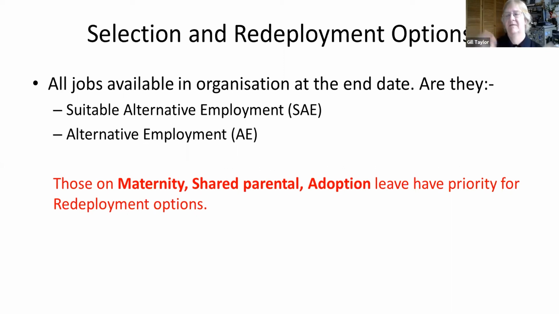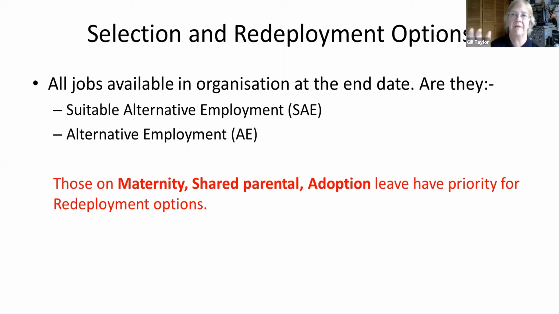So let's say we're making 6 staff redundant, 2 managers, 2 officers and 2 admin. And in the new envisioned future, we've got 1 manager job, 1 officer job and 1 admin job. So you could say the managers can apply for the manager jobs, but you can always apply downwards.